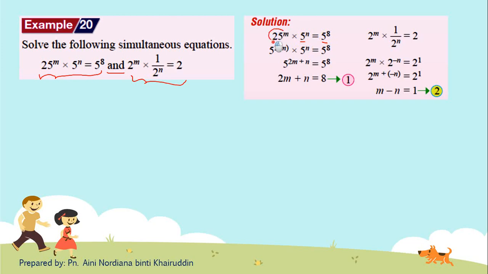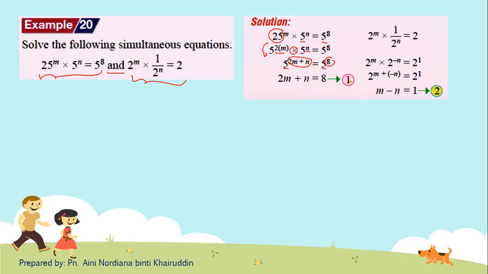So change 25 to base 5. So (5 squared) to the power of n. Then take the index, then you add the index because of multiplication here, equals 5 to the power of 8. Since this is the same base, the power must be equal. So 2n plus m equals 8.